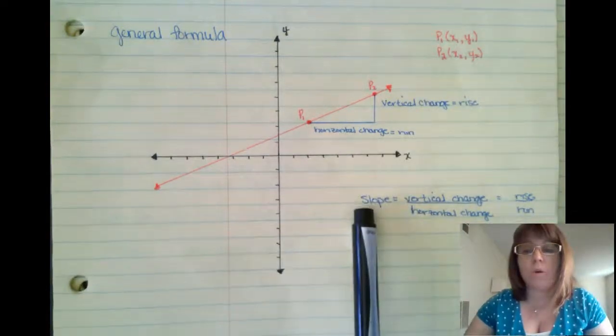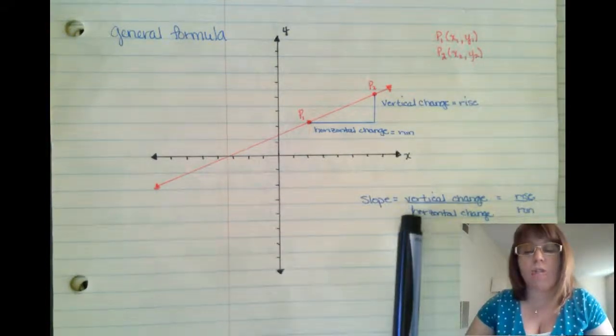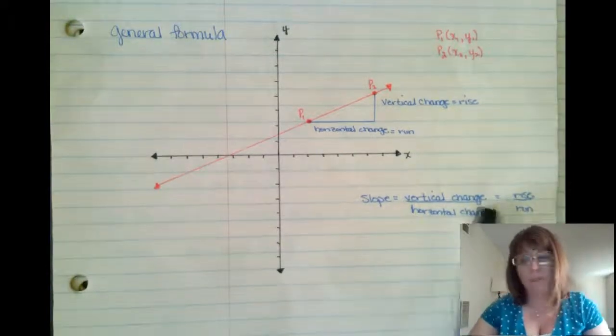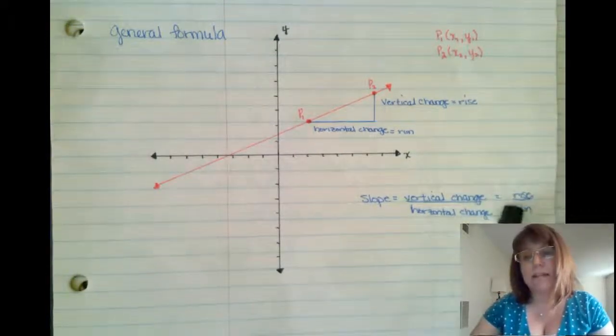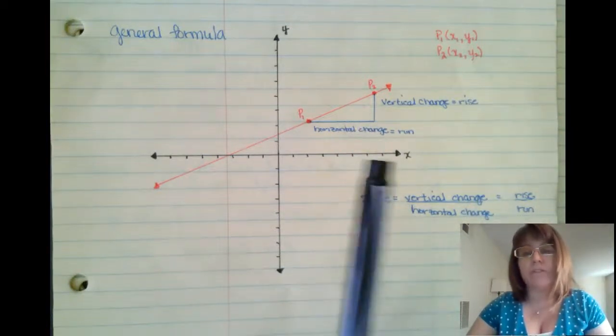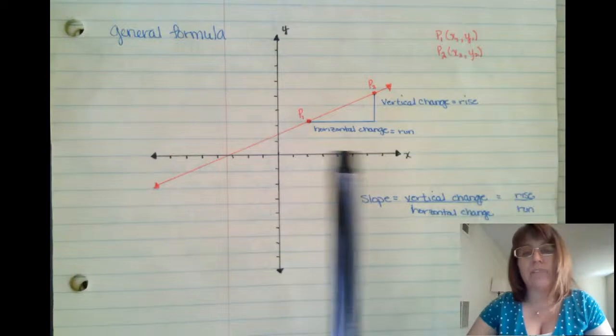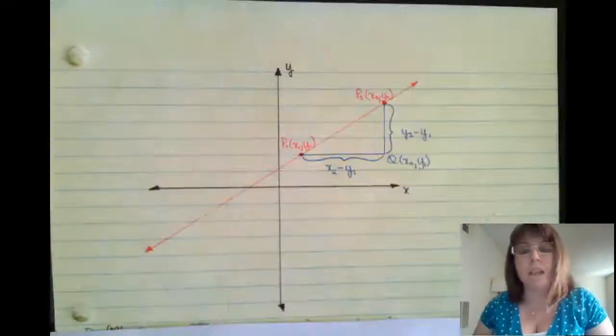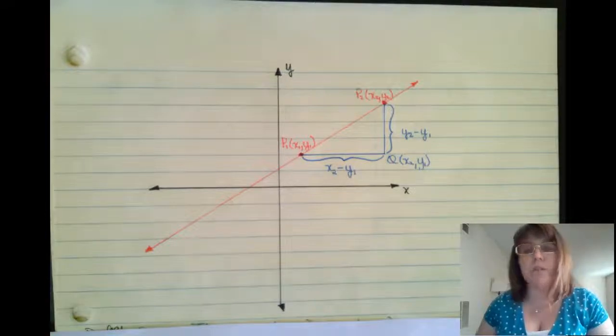So my slope is my vertical change over my horizontal change. You may have also heard it called rise over run. Rise means how much I go up and down, over the run, how much I go left and right. So how do we figure out what the run is and what the rise is?